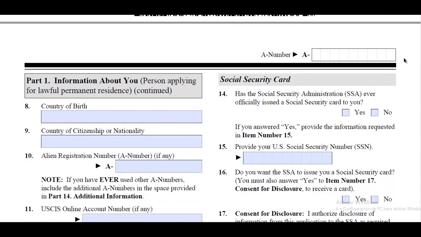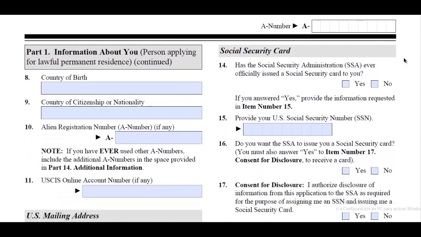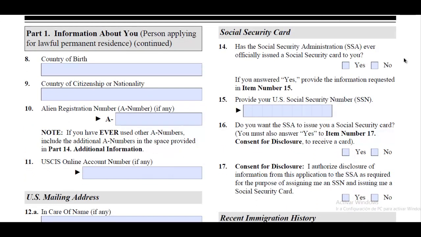The alien registration number, if you have one, you will find on your passport or other documents. For the USCIS online account number, you may or may not have one. You only have it if you registered for the system in order to submit a previous application. If you registered online, you might have a USCIS online account number.